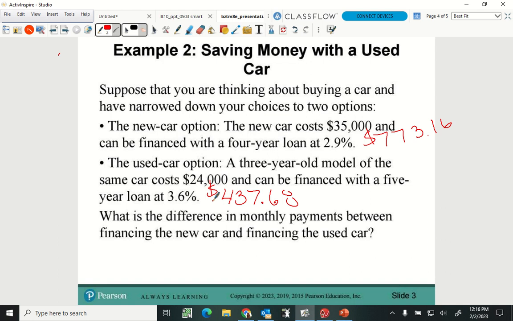What's the difference in the monthly payments between financing the new car and financing the used car? How would you get it? Very good. 773.16 minus 437.68.